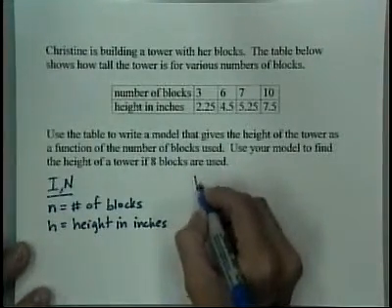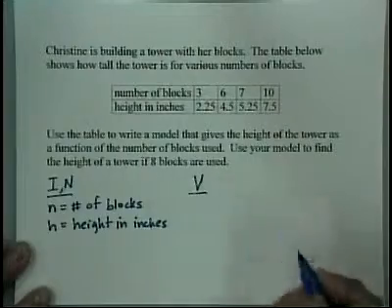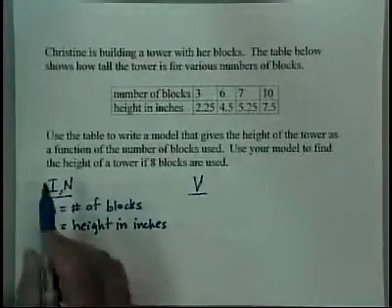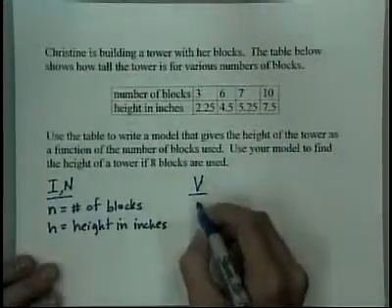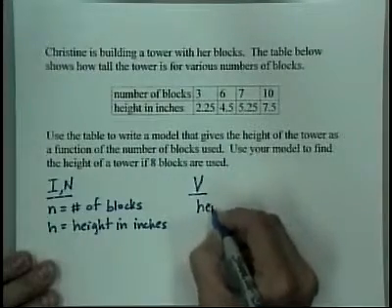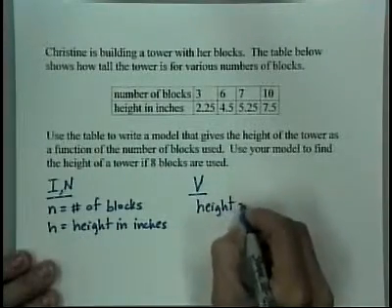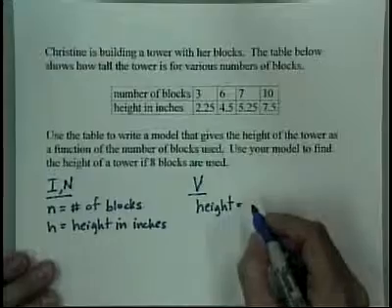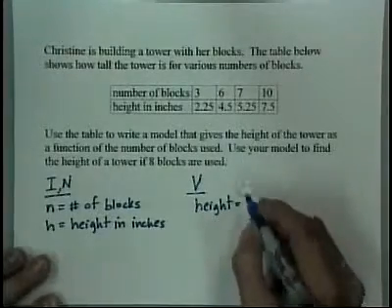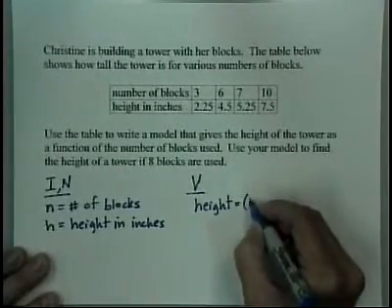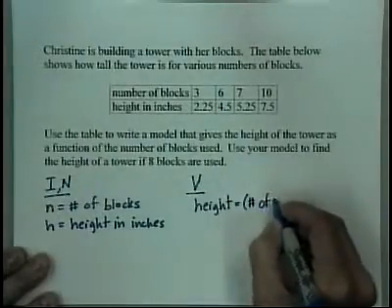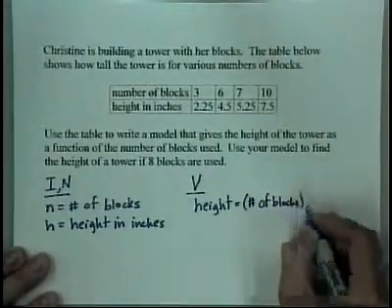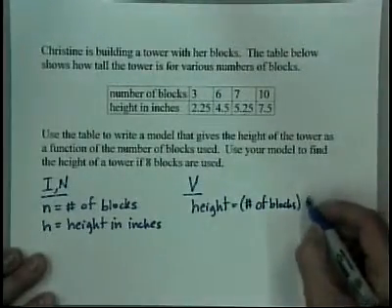Now the V part is to come up with a verbal model that describes what we're trying to do. And so we could write something like the height is equal to the number of blocks times (let me put that in parentheses) times the height of each block.